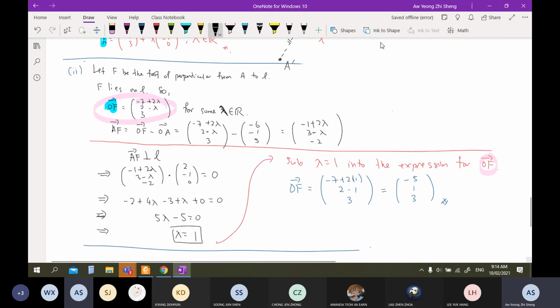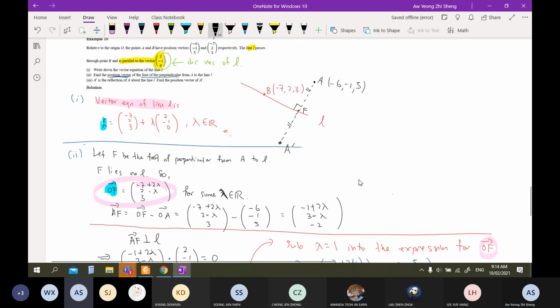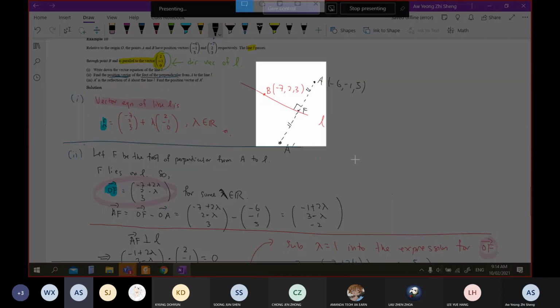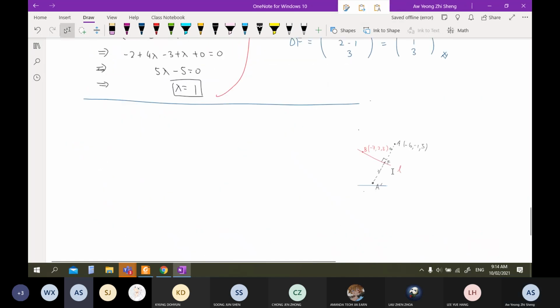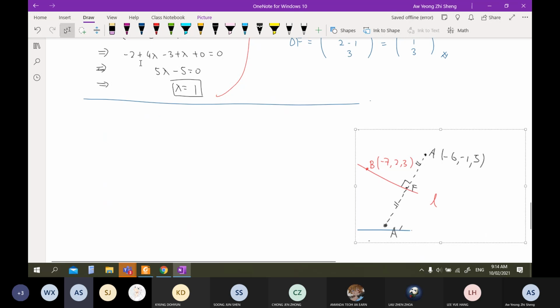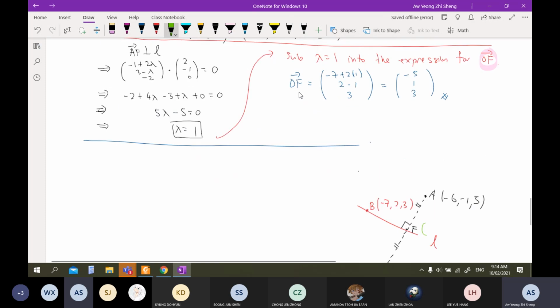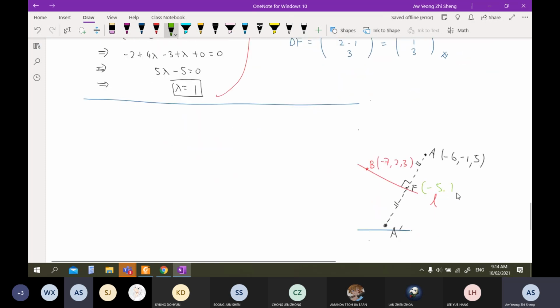Since F has been found, it's very easy to do part 3. I just paste this diagram down there. Point F has been found to be, we can read from the vector OF, minus 5, 1, 3. And then make use of the midpoint formula.